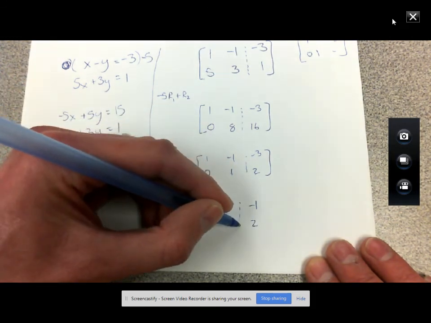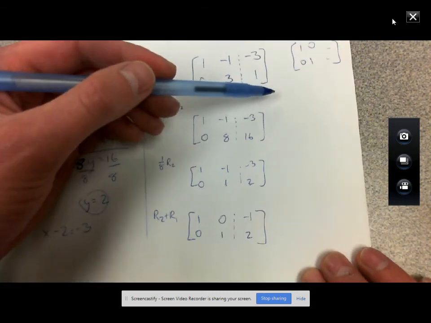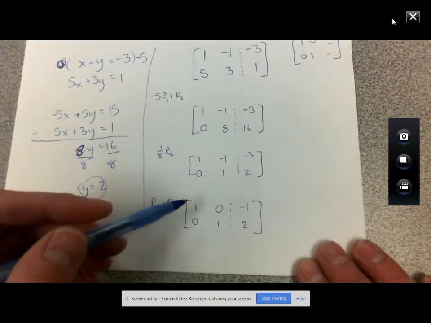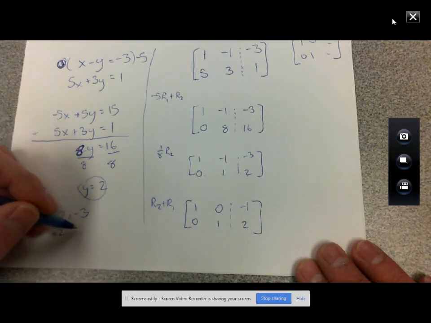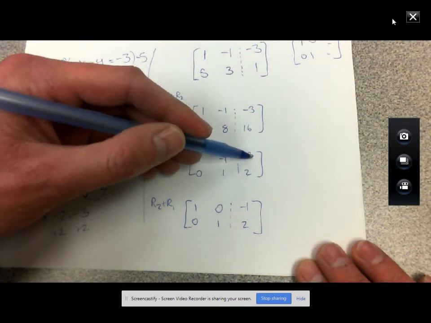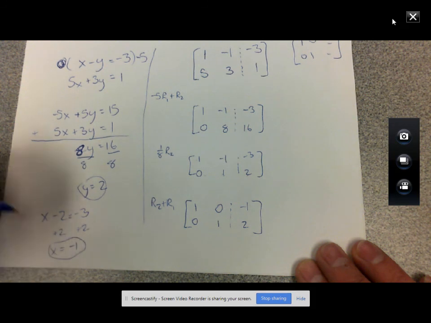Leave that one alone. And I've got it. I've got my reduced row echelon form. Remember, my goal was to have the ones in the diagonal there. Looking over here, if I added 2 to both sides, which is kind of what I did here, I added 2 to the -3, I'd have x equals -1.